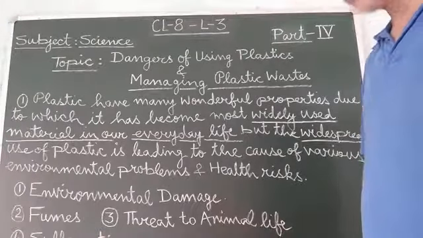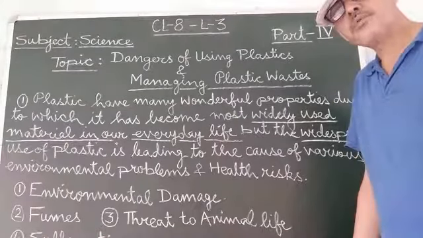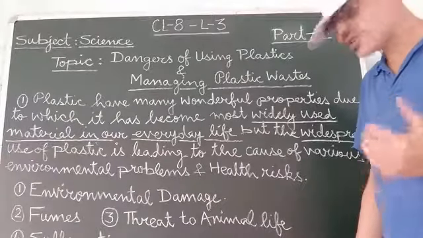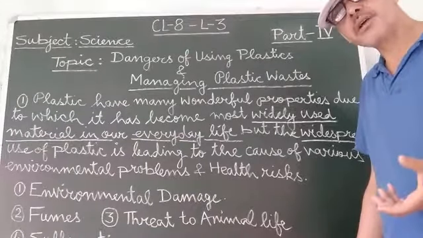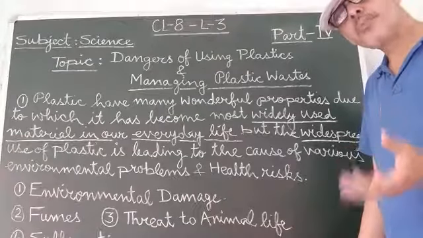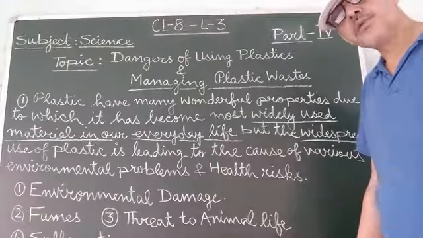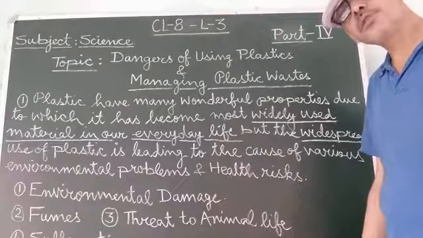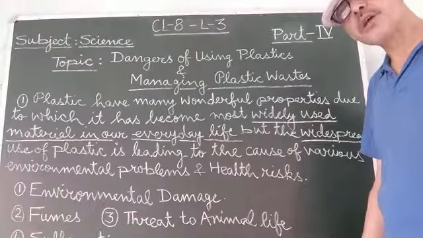What is the best method of getting rid of the danger of using plastic waste, plastic things? We should start reducing the use of polythene bags and plastic bags. In place of that, we should start using bags made of jute or various types of natural fibers like cotton, etc. This will help in controlling the problem which arises due to the excessive use of plastic bags or polythene bags.